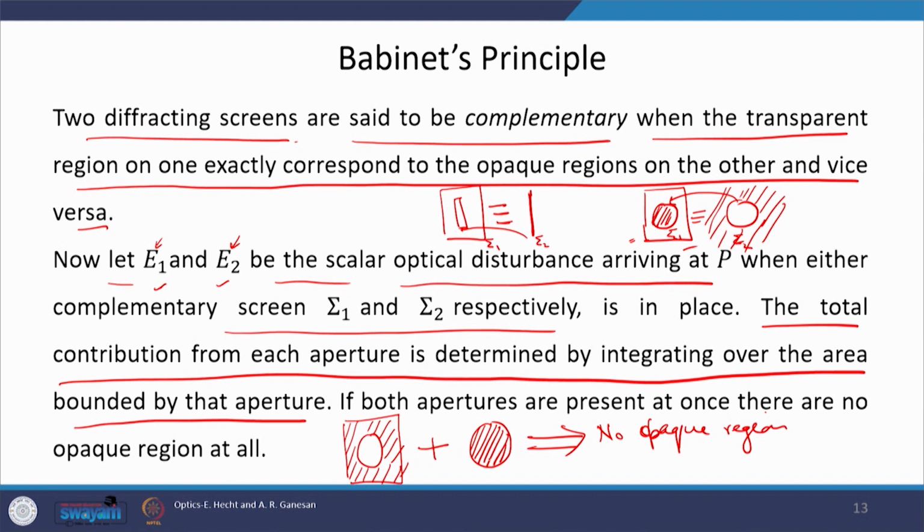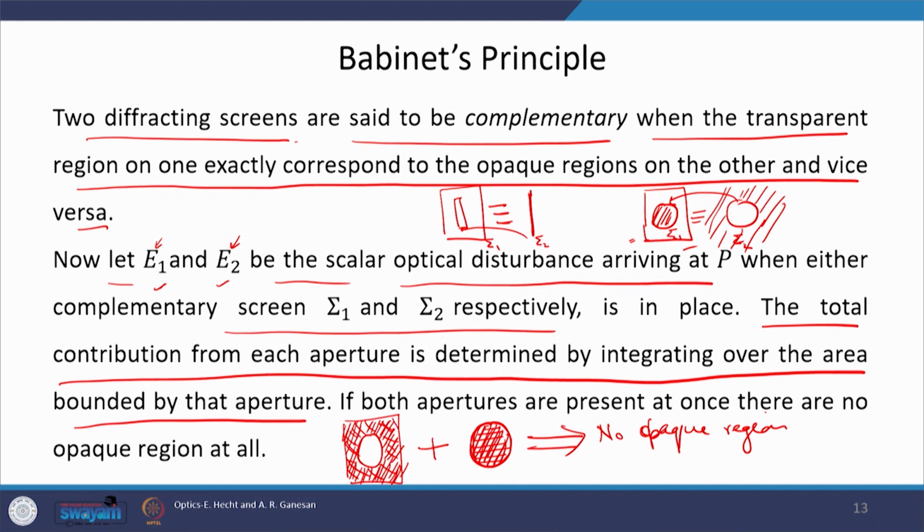Because this disc stops the light which falls on the area of the disc, while this circular aperture stops the light which falls anywhere except for this opening. The shaded region represents the opaque portion.